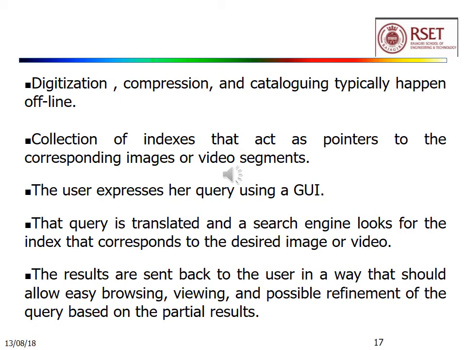The user expresses her query using a GUI, the query is translated, the search engine looks for the index corresponding to the desired image or video, and the results are sent back to the user, such that the query allows easy browsing, viewing and possible refinement of the query based on the partial result.